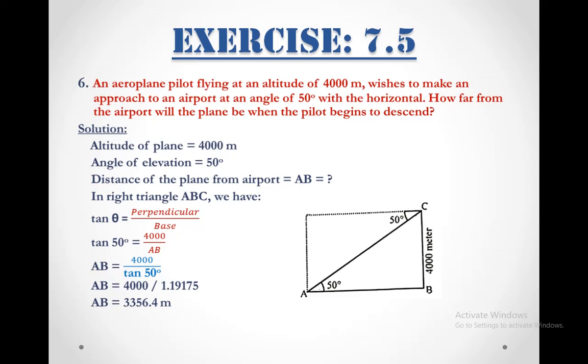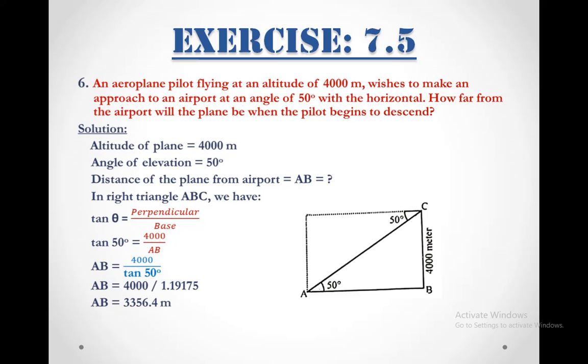We have tan of 50 degree, perpendicular is BC, that is 4000 meter, divided by base is AB. As we have to calculate AB, so we shift AB towards the left side and tan 50 degree comes towards the right hand side. Both places are interchanged. In other words, calculating the value of tan 50, calculator gives 1.19175.